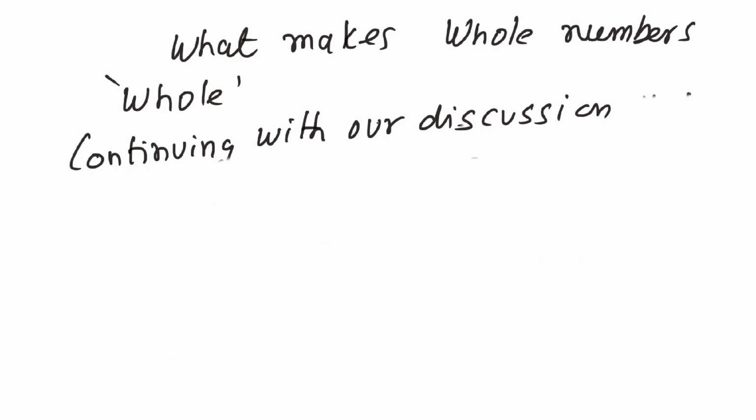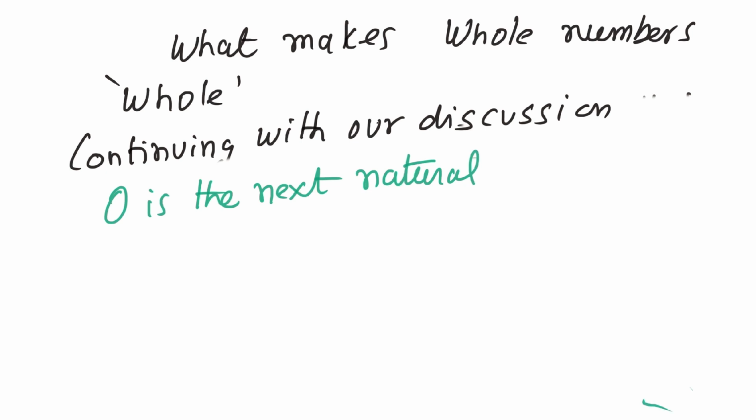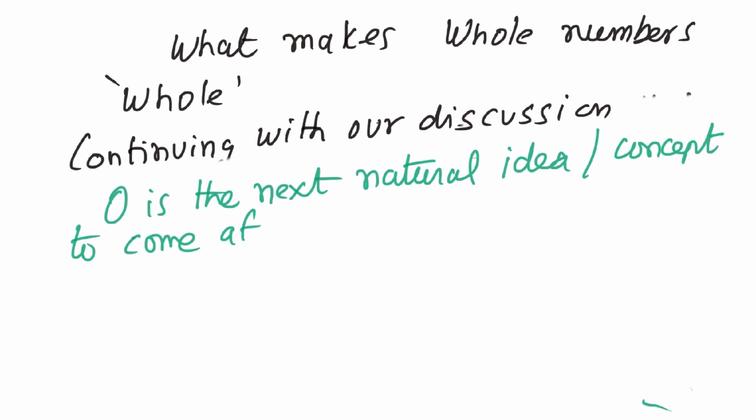So you can see that as far as numbers are concerned, the first key problem when we begin with natural numbers or counting numbers is to cook up a symbol which represents that there's nothing left. So it obviously means that 0 is the next natural idea or concept to come after the natural numbers or counting numbers, which start with 1 and go all the way up to infinity.